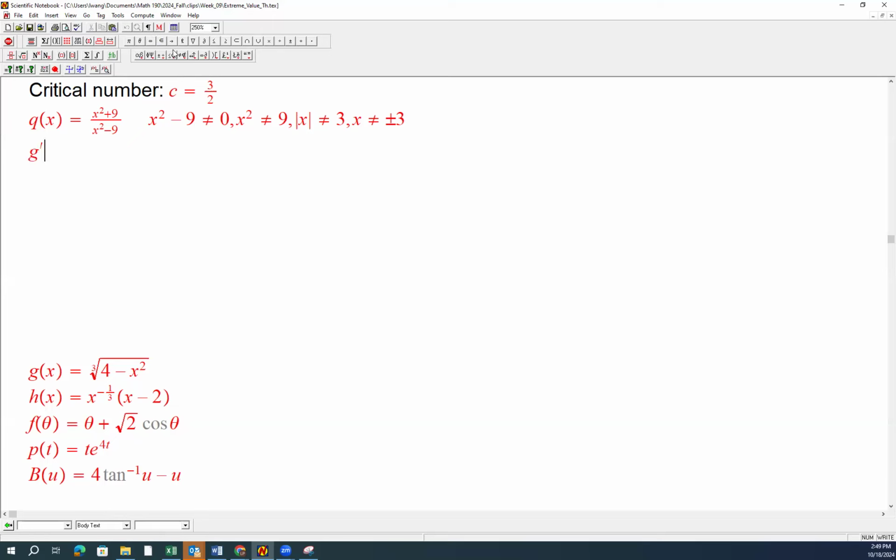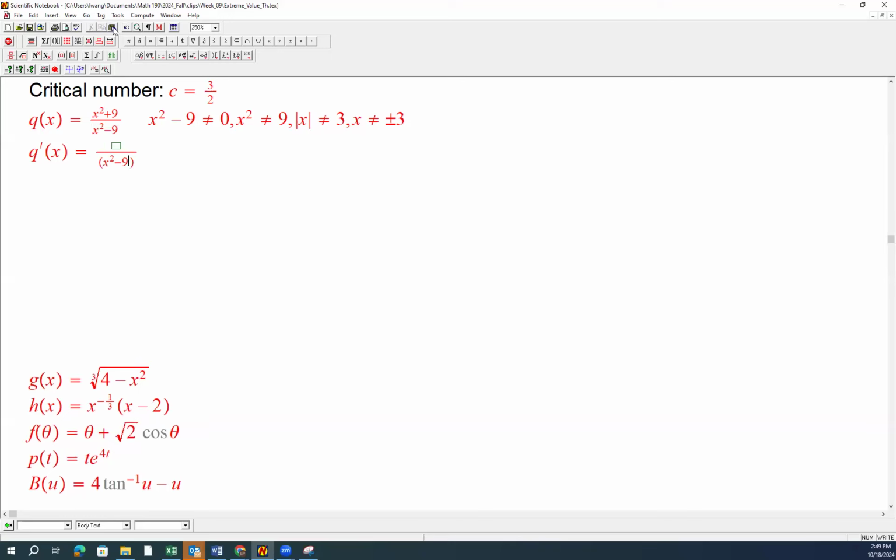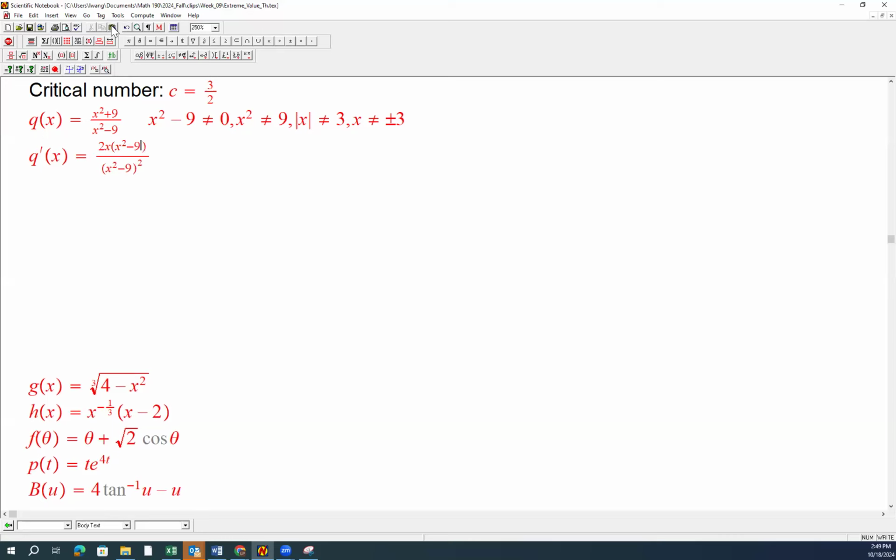So Q prime of x equals the denominator squared, and the derivative of the top is 2x multiplied by x squared minus 9, subtracting the derivative of x squared minus 9, that's 2x, multiplied by x squared plus 9. Right, so that's a derivative by quotient rule.